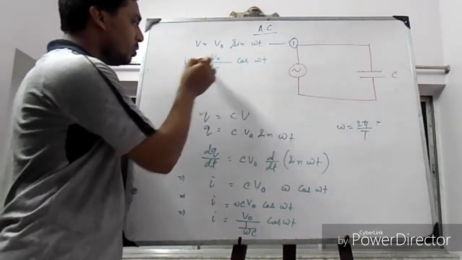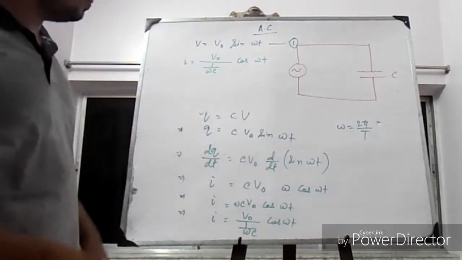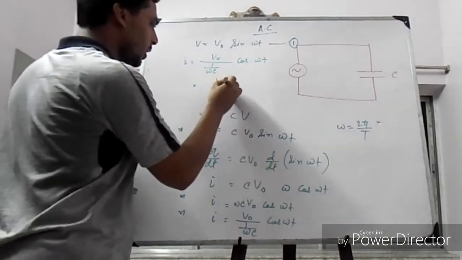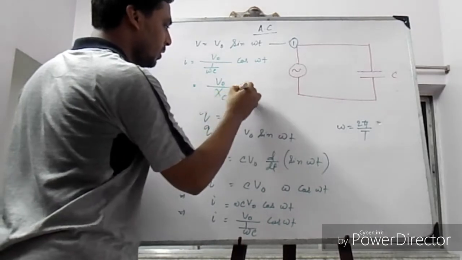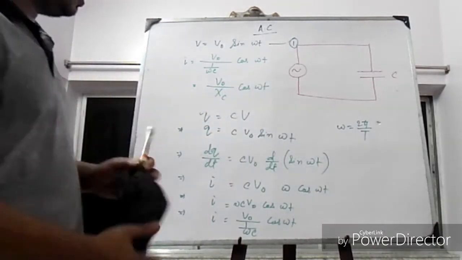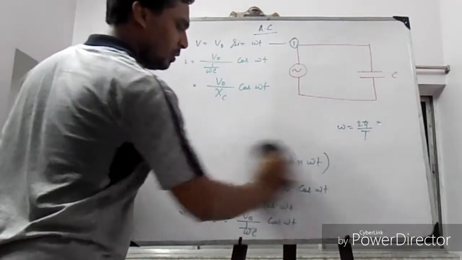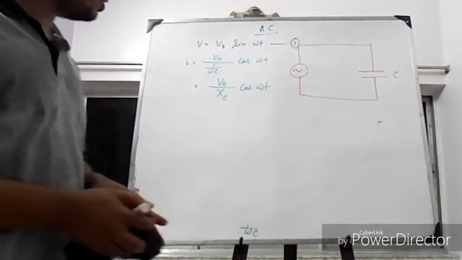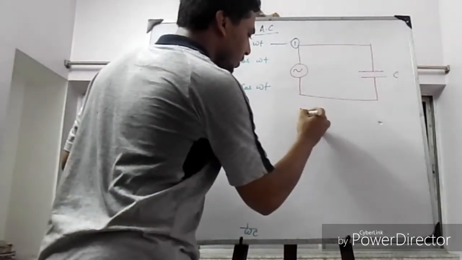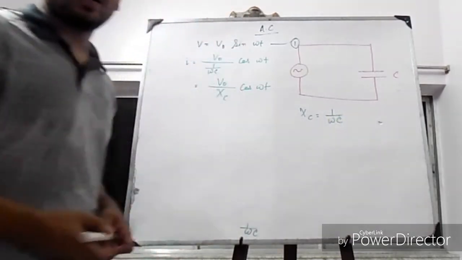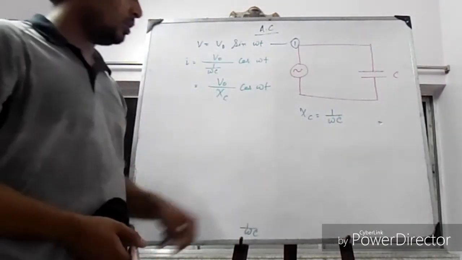So obviously this should have the dimension of resistance. Now it is written as I equal to V0 by Xc cos omega t, where Xc is called the capacitive reactance. Xc equal to 1 by omega C is called the capacitive reactance.